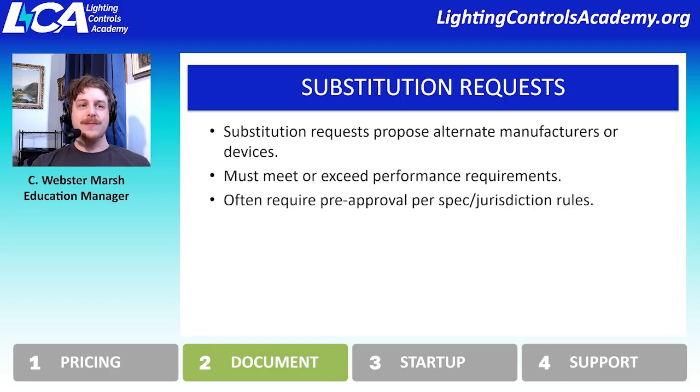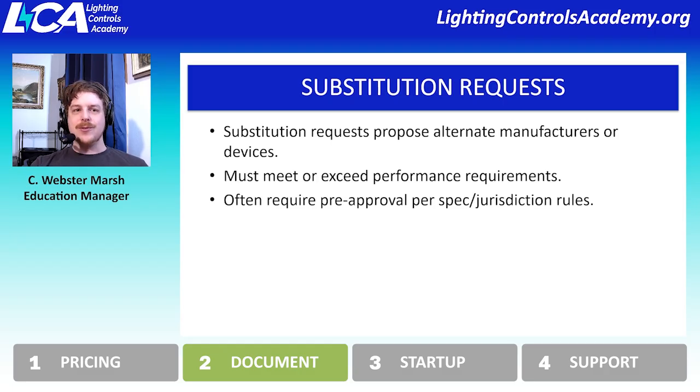And there's oftentimes pre-approval procedures that are required, especially in design-bid-build projects, because there are very specific timelines that need to be met in those projects. And so if the project is already in submittal phase and somebody's proposing a substitution for the system, it's way too late in the game to be providing a substitute system.